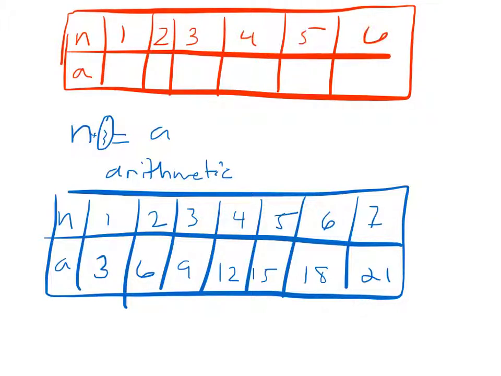And the first number was a 1, the second number was a 3, and then a 9, and then a 27, and then an 81, and then a 243. So that is a geometric sequence, again, because we could make a ratio.